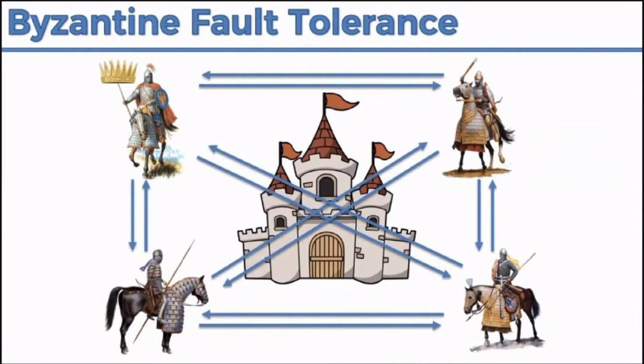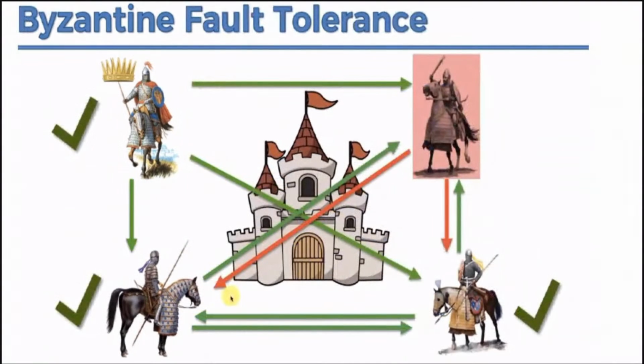A common scenario is that there will be an attacker. Node number 2 is an attacker. He will receive a message from the leader saying to attack. You can see the green arrowheads going to all the nodes. But node number 2 will send a wrong message to node number 3 and node number 4.